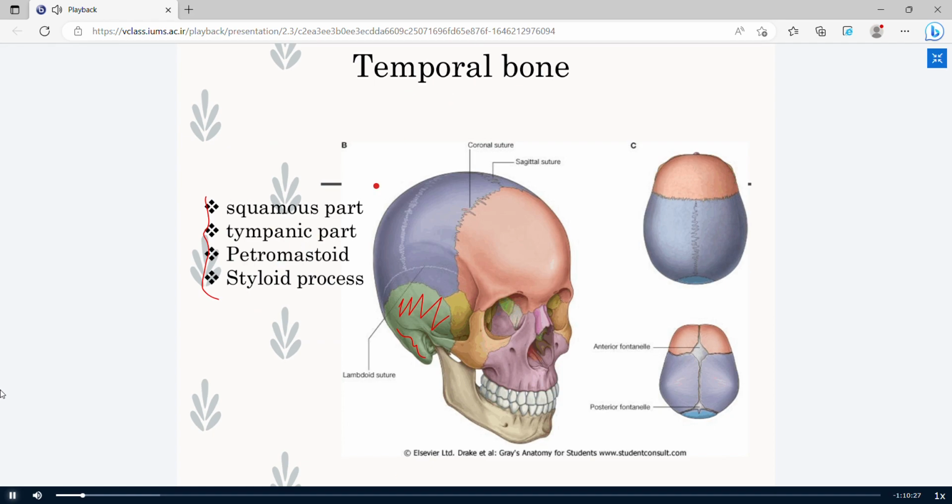So the temporal bone consists of four parts.